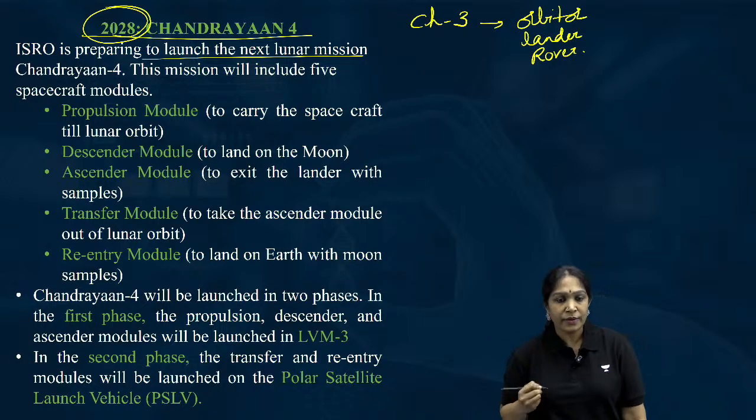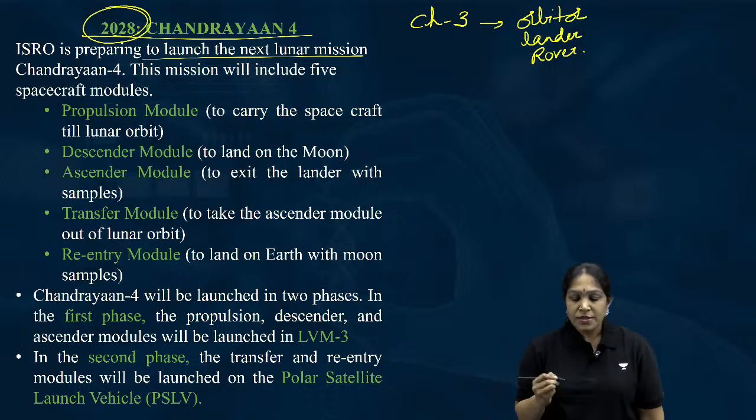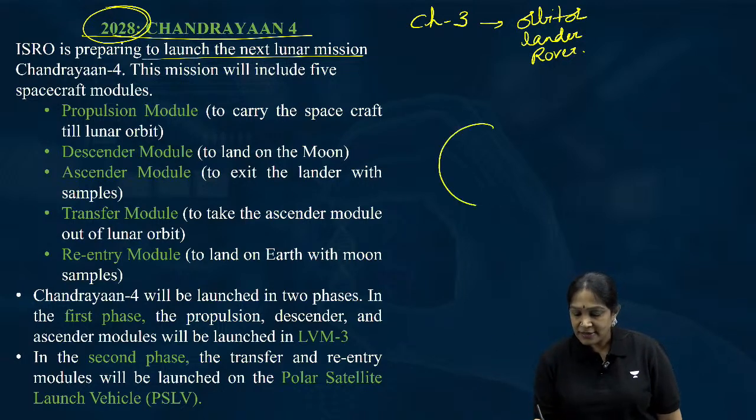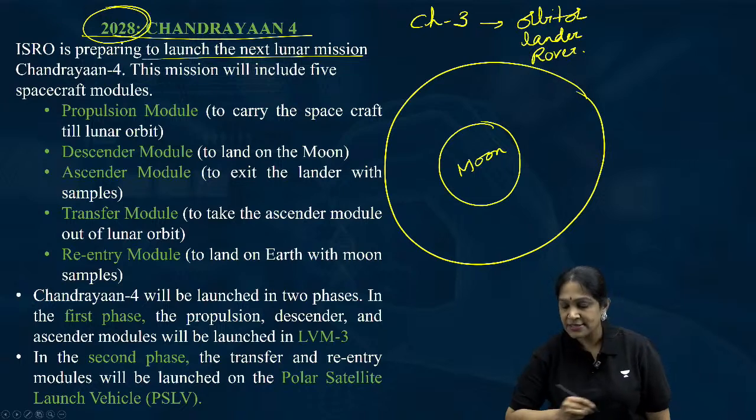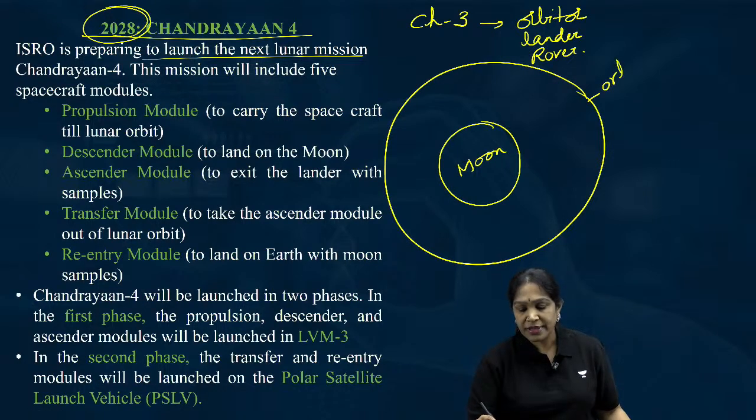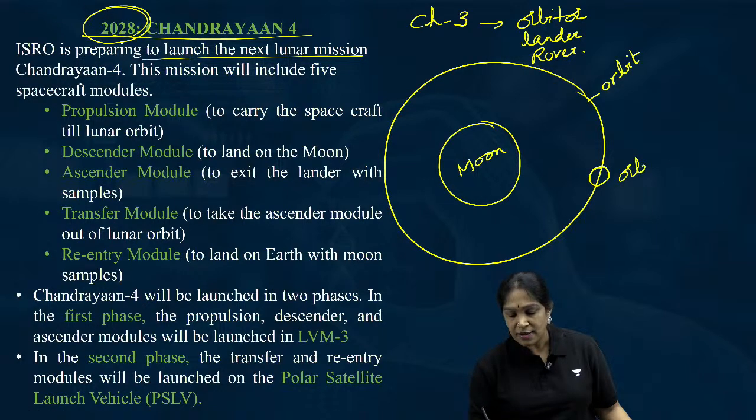Orbiter, lander, rover. Okay. So, let us try to understand these components. Let us suppose this is the moon. Okay. And this is the orbit around the moon. Then imagine this is the orbiter.